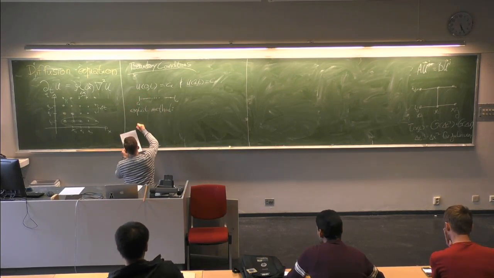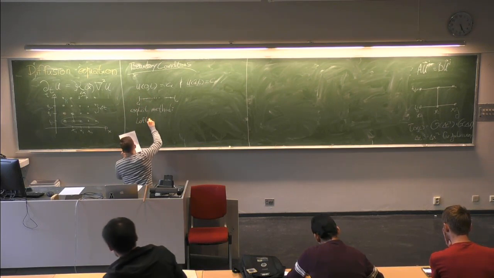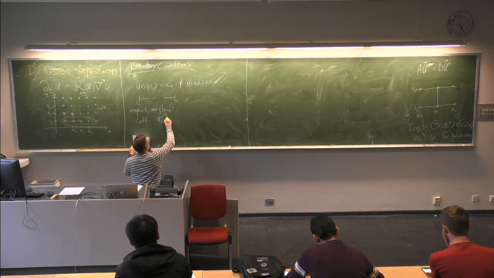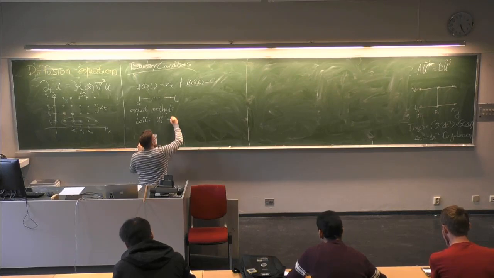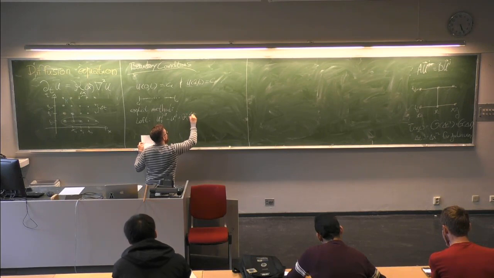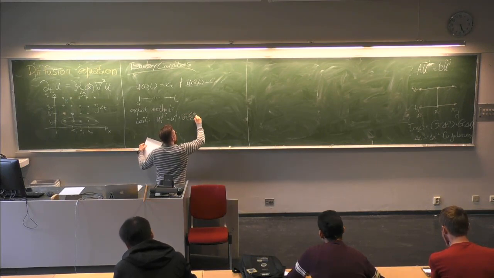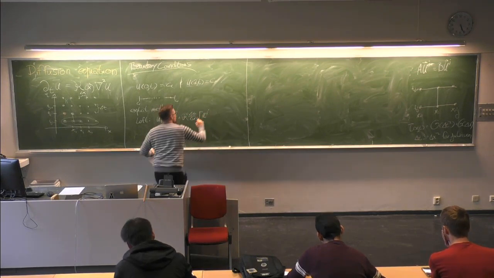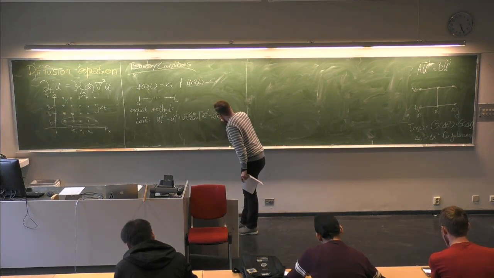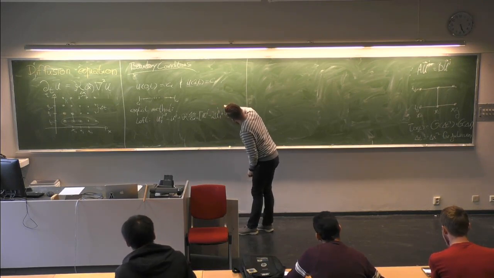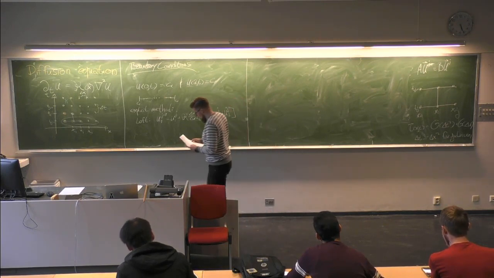For the left-hand side, u_1^{j+1} equals u_1^j plus kappa delta t over delta x squared times (C_L minus 2u_1^j plus u_2^j).